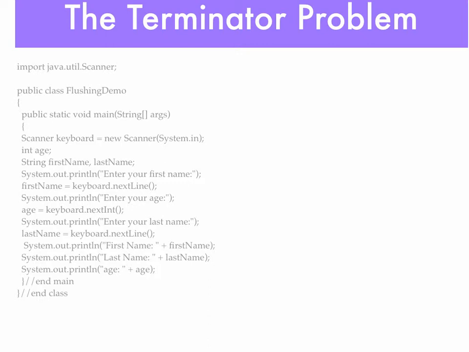I ask the user to enter their first name. I grab that and put it into the space firstName. I ask them to enter their age. I grab that and put it into the space called age. I then ask them to enter their last name, and I put that into lastName. I then want to just print out the value of firstName, lastName, and age. So you'll note that I've asked for first a name, a string, then an int, and then a name, a string. So it goes string, int, string.